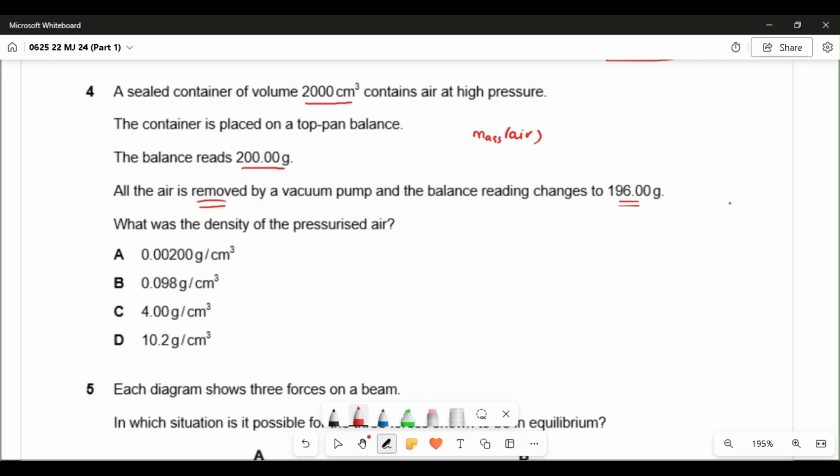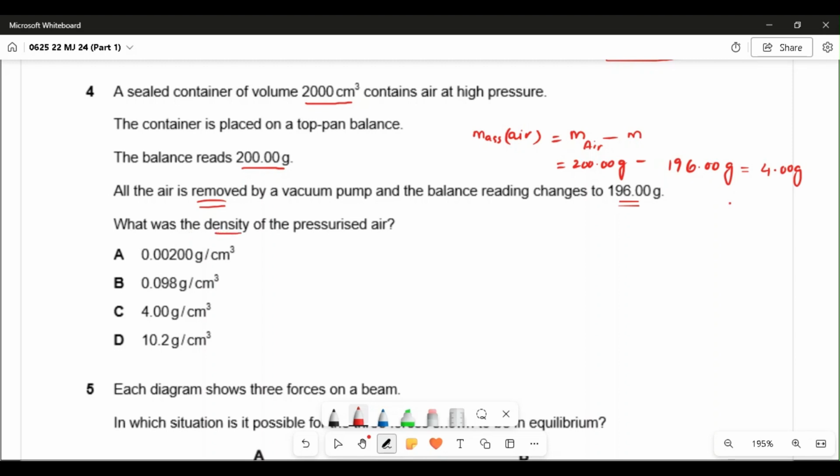Mass of air is the mass of the container with air minus the mass without air. So the mass with air was 200 grams minus 196 grams. So the mass of the air is 4 grams.